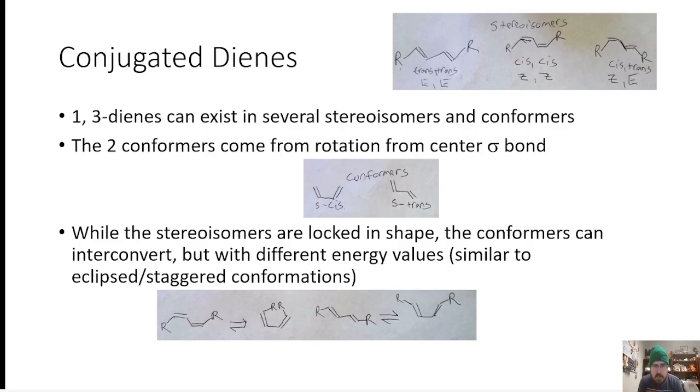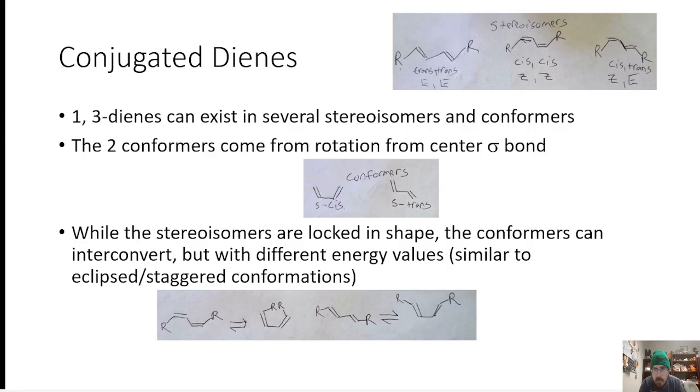However, there's usually a different energy value, similar to the concept of staggered and eclipsed. If you look at the case of the trans-trans, this is preferential to remain in the S-trans, because if you allow this to shift into the S-cis, you get the two alkyl groups adjacent to each other. And so this is a high energy system.